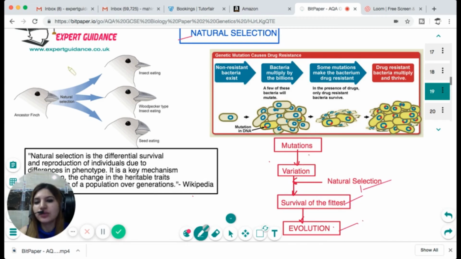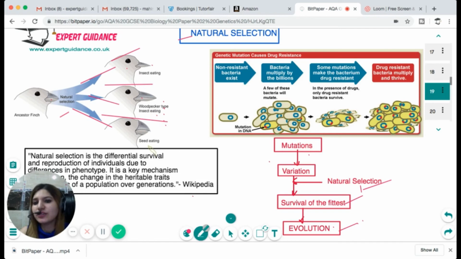Okay, so you can see this was an ancestor finch and it gave birth to 3 different finches, and they were exposed to different environments. You can see now they all have different beaks. Why is that? Because this finch was growing where only insects were the source of food. The second finch was growing where there were woodpecker-type, insect-eating habits.